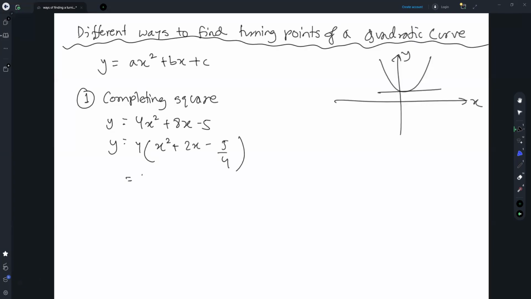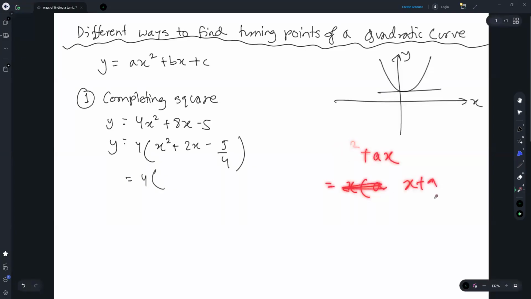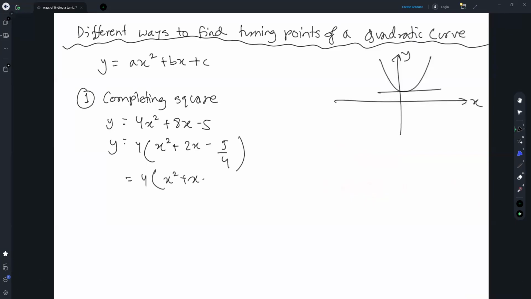And then you can do one of two things. You can either use a direct formula, x squared plus ax equals x plus a by 2 whole square minus a by 2 whole square, or you can just break this down further: x squared plus 2 into x into 1 plus 1 squared minus 1 squared minus 5 by 4.